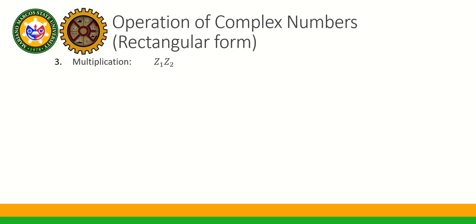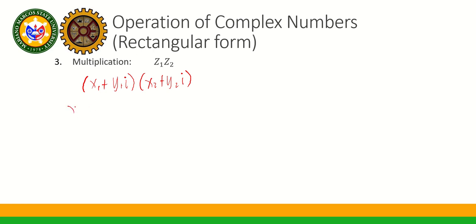Now, in multiplication, we have, sulat muna natin si z sub 1, that is x sub 1 plus y sub 1 i times x sub 2 plus y sub 2 i. Okay? So, ang gagawin mo dito, just like the typical solving in algebra, we use the FOIL method.